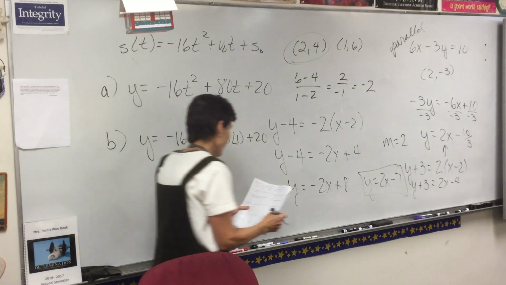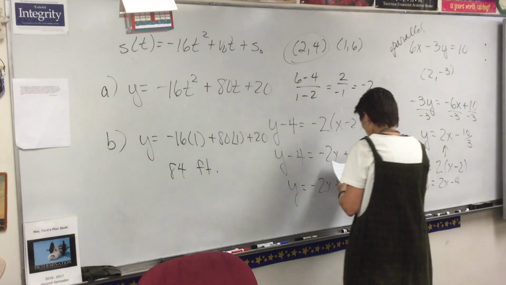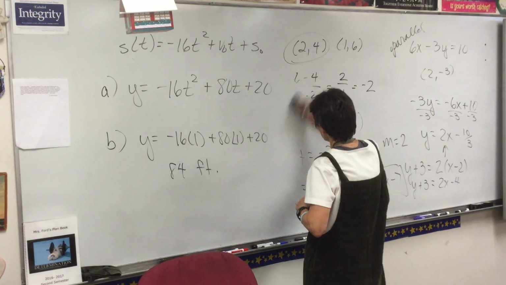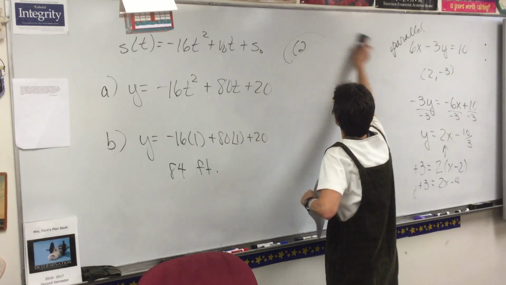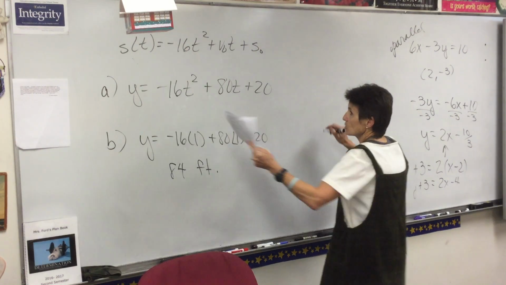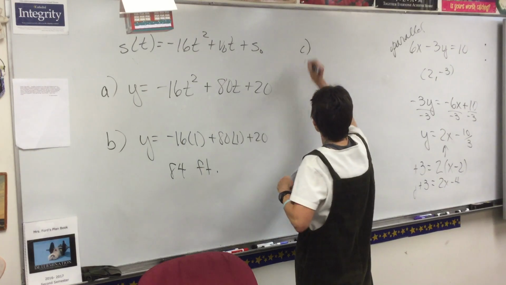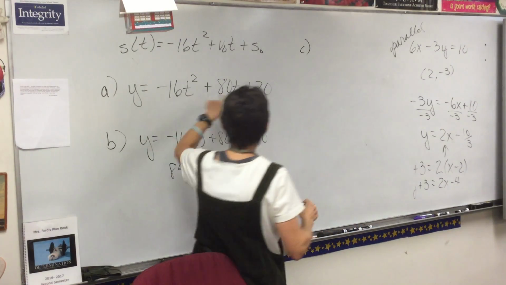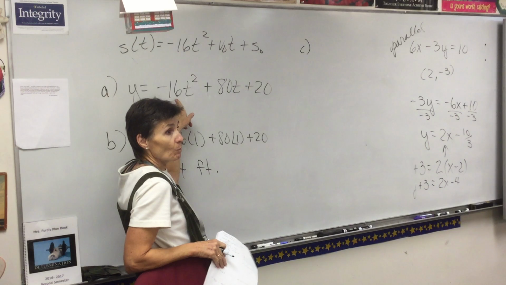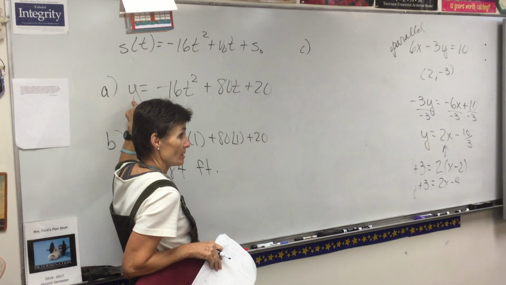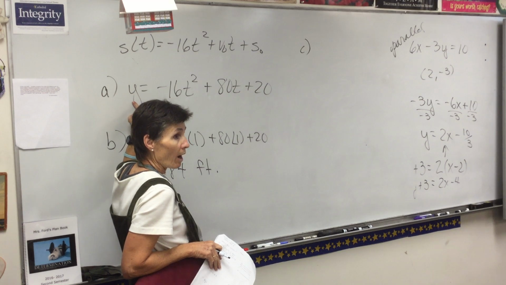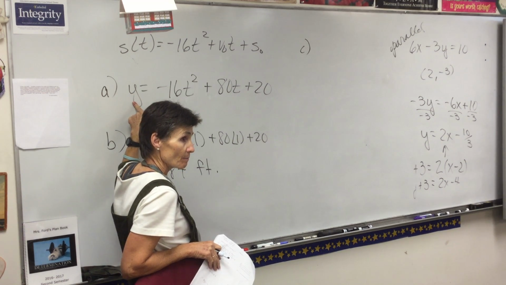Okay, last one, C. When is the ball on the ground? So we're going to use the same equation right here. But this time we're going to put in 0 for y, because y is height.